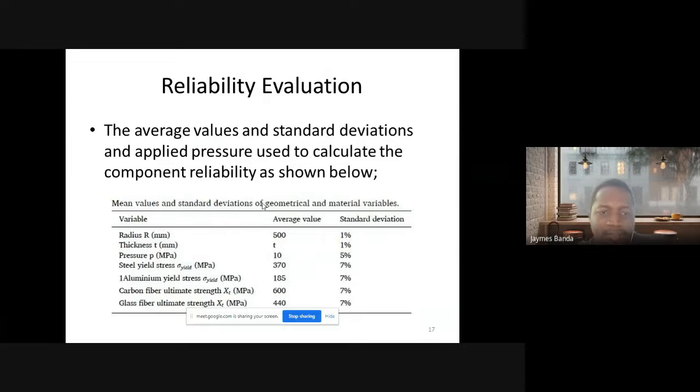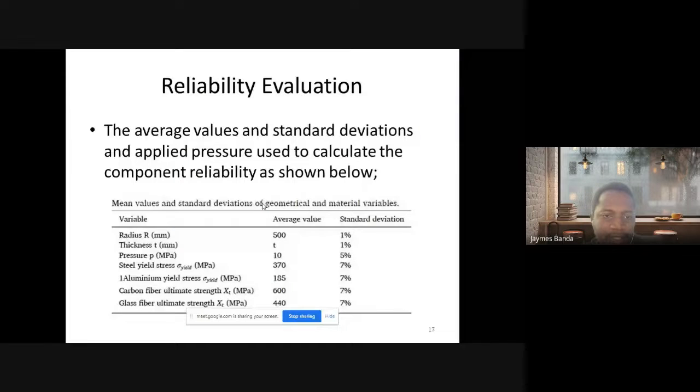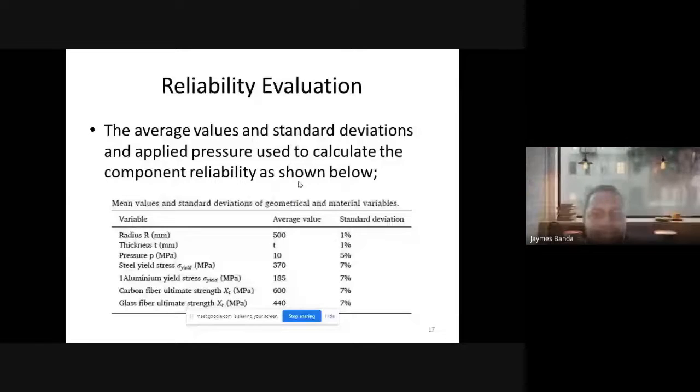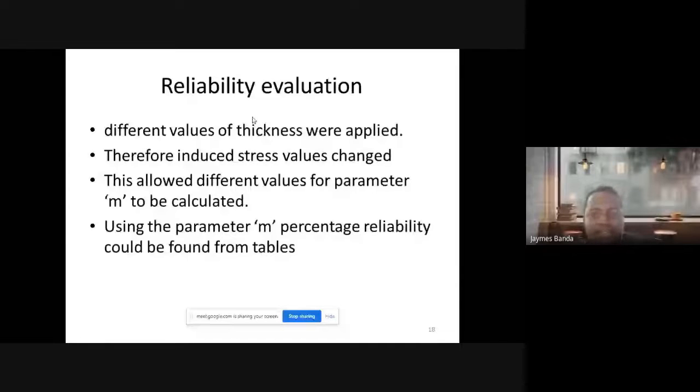The means of these values were tabulated: the radius, the thickness, the pressure, and the yield stress values for aluminium and steel. This allowed for calculation of different values of parameter M, and then this could be plotted. And from the tables, we could find the percentage reliability.